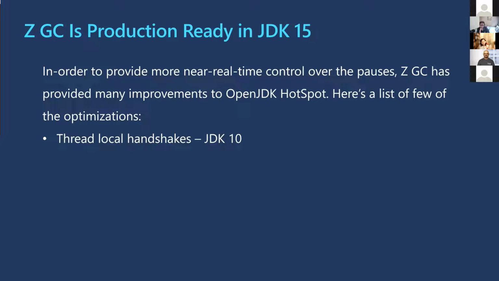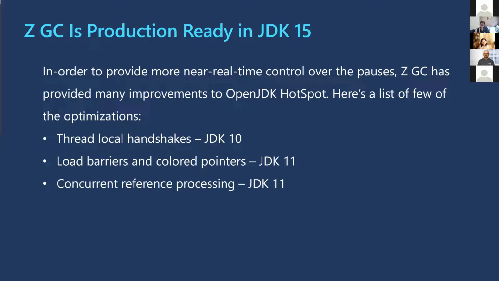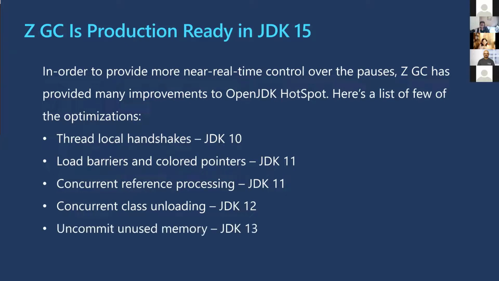In JDK 10, they released thread local handshakes, which helped with reducing pauses. Remember, these handshakes are per individual thread, so they don't have to wait for all of the threads to come to a safepoint. The second one was the load barriers and the colored pointers, which were introduced in JDK 11. Concurrent reference processing was also JDK 11. Concurrent class unloading is JDK 12.